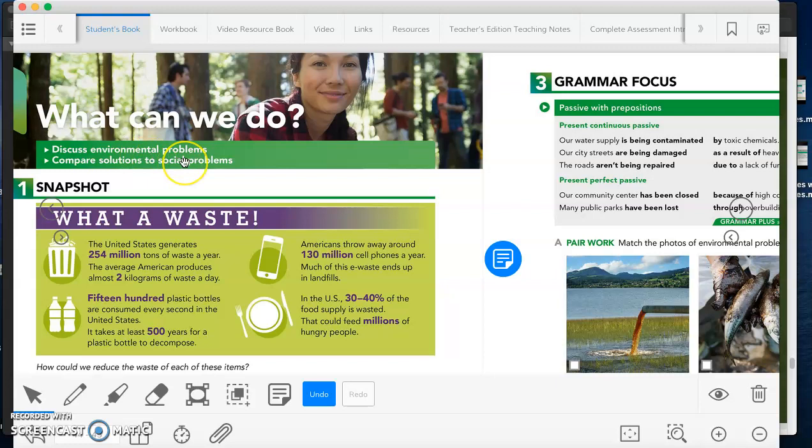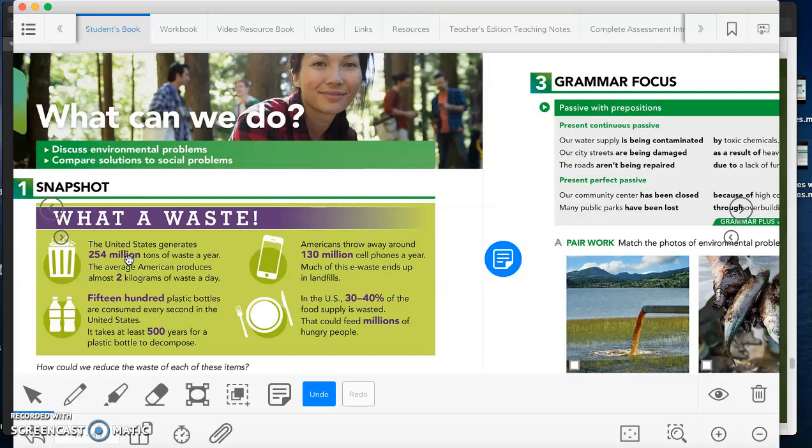Discuss environmental problems. Remember that the environment is anything that is around you, where you live, the earth, let's say. So there are some environmental problems that we face. They can be waste, there is too much plastic around, and plastic doesn't decompose.